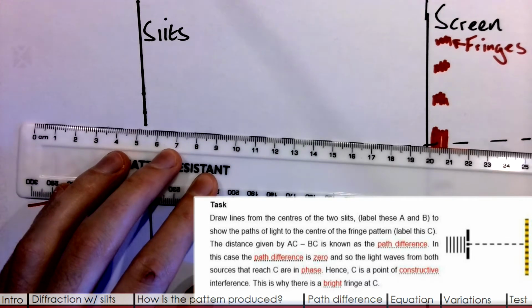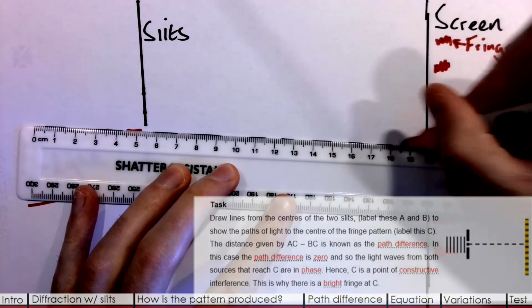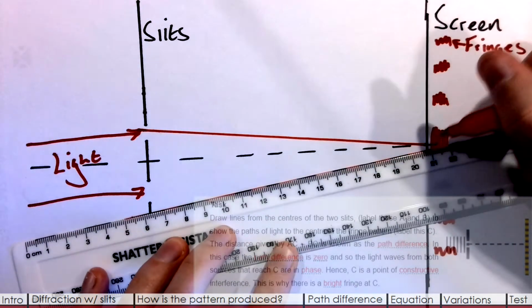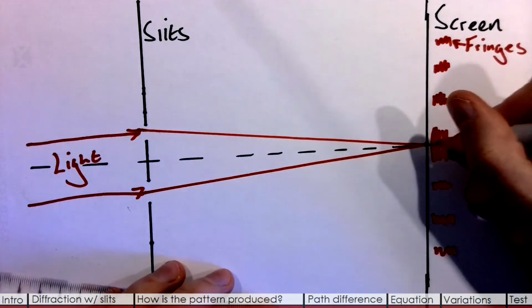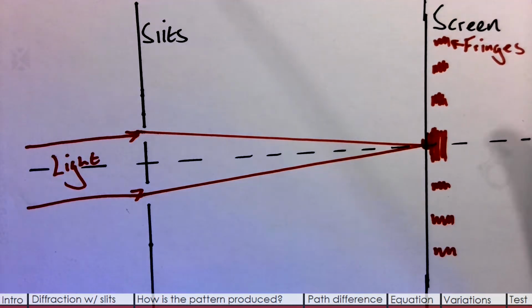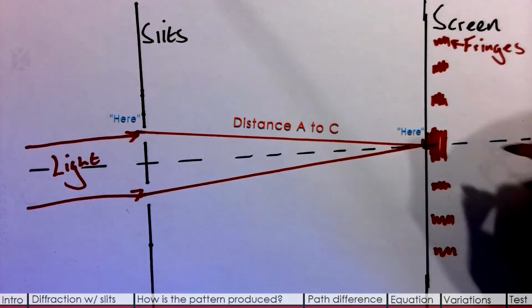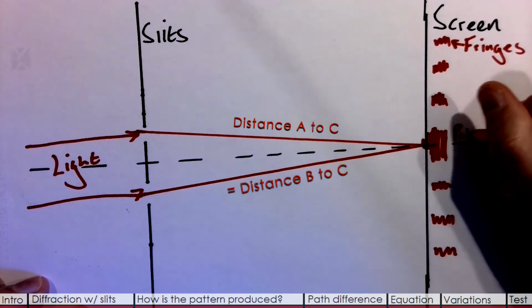If I draw light leaving this slit and light leaving this slit, they will reach this central point here. The difference in distance between here and here is the same as the distance between here and here.